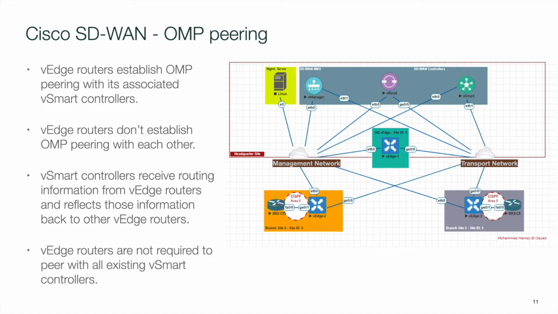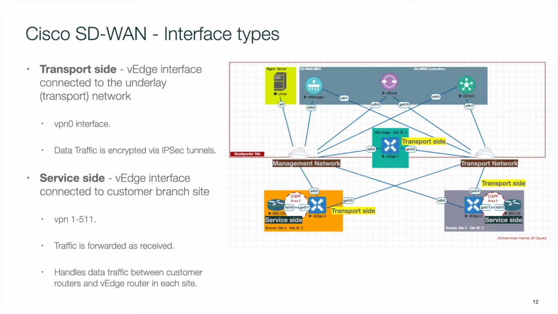Routing information is sent from each vEdge router to its associated vSmart controllers. Then vSmart controllers will reflect the received routing information to the other connected vEdge routers. If we have multiple vSmart controllers, vEdge routers are not required to peer with all vSmart controllers on the SD-WAN fabric. We have different interface types for the SD-WAN fabric.